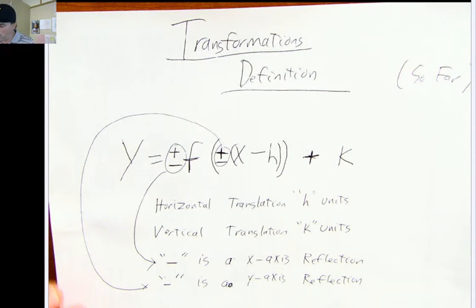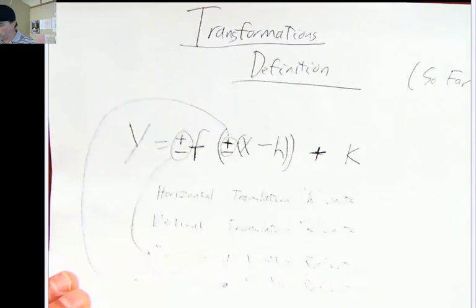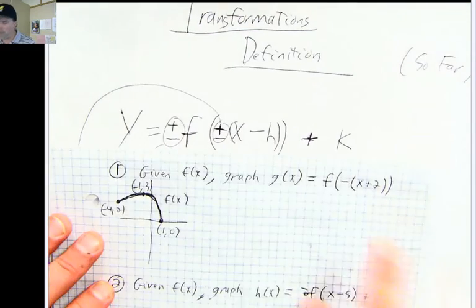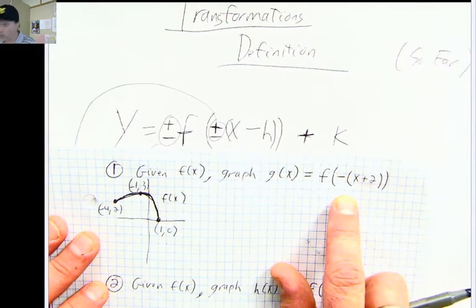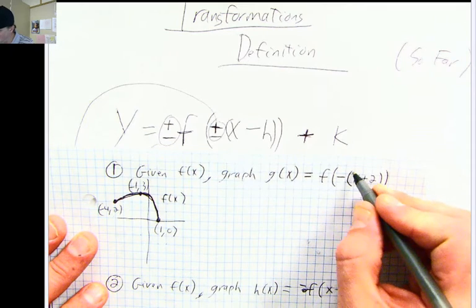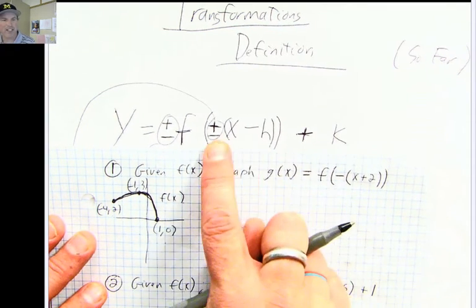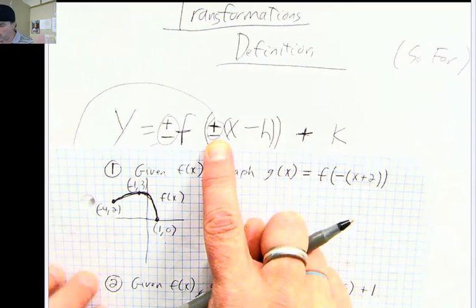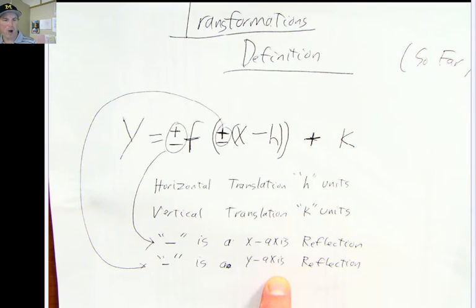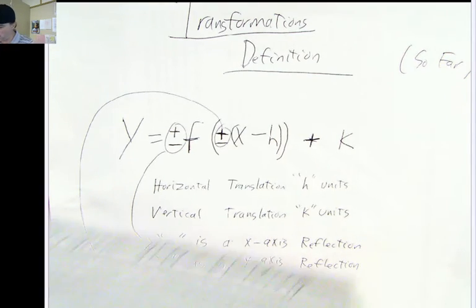In this particular equation, f of negative x plus 2, on the inside I have this negative that's not hanging out with the x. And that negative, as we talked about before, is a y-axis reflection.